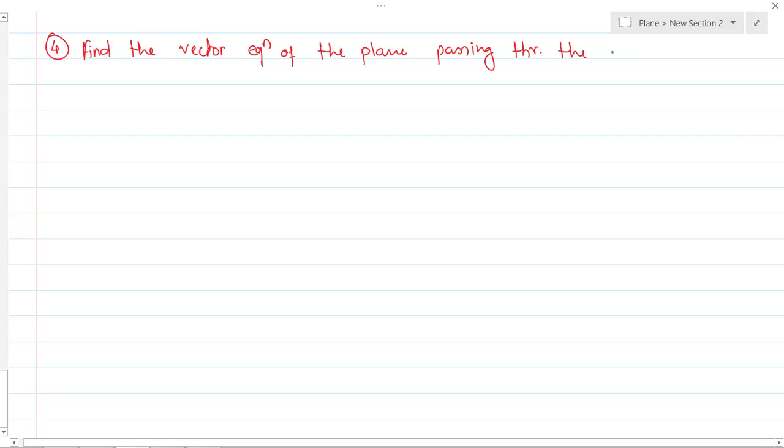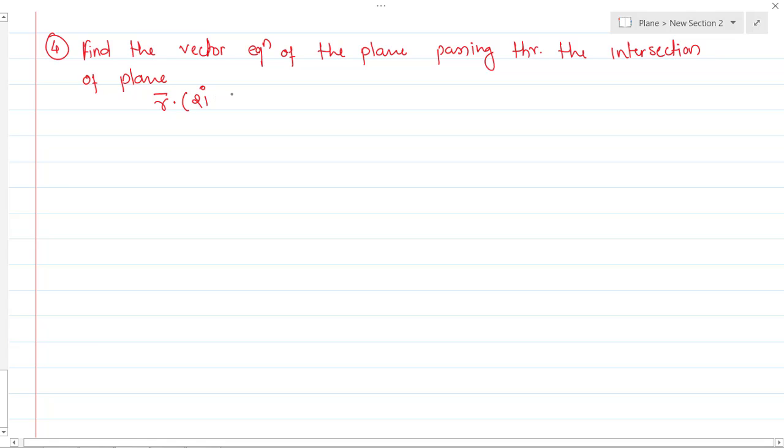Okay, so let's take the fourth question. Find the vector equation of the plane passing through the intersection of two planes whose equations are like this. Okay, the equations of the planes are given in vector form.